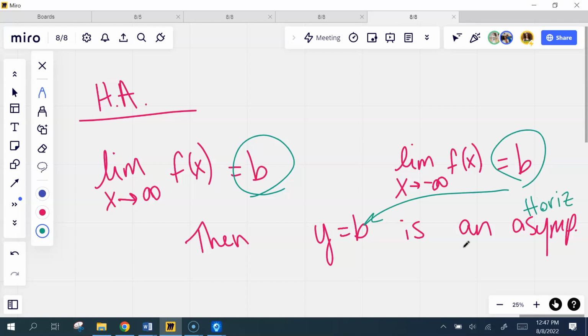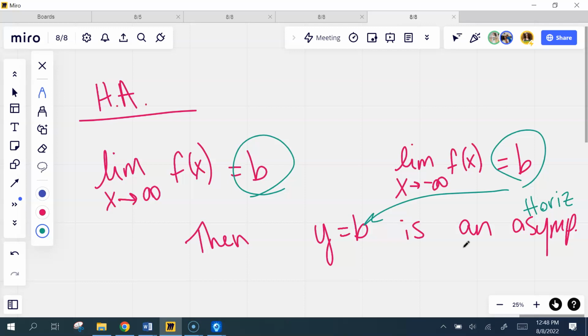Did we do this? Yeah, we did. No, we didn't do it. Well, I'm going to show you how to find them now too. But this is the formal definition.